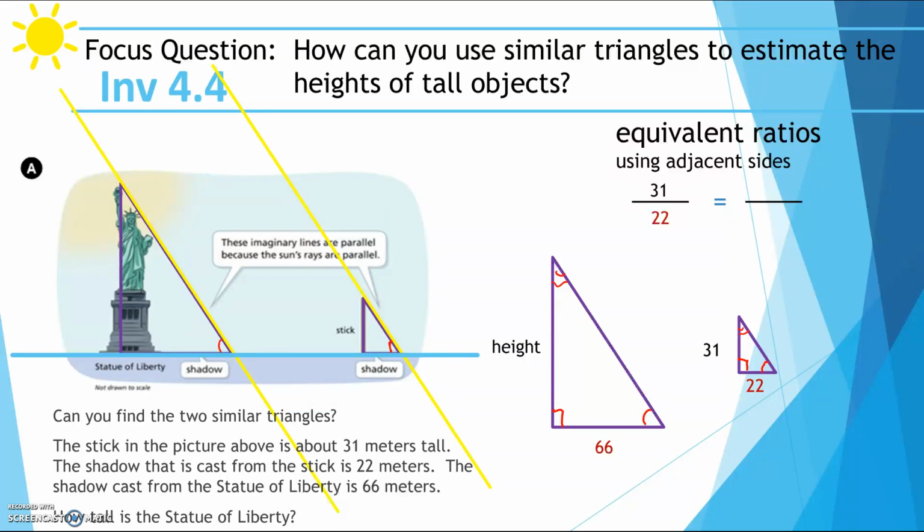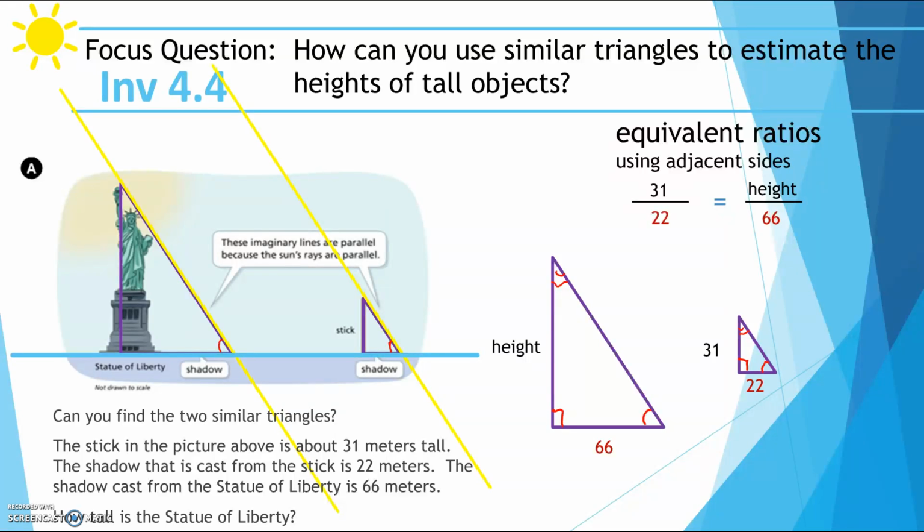I'm going to set up a second ratio using, again, the height of the larger triangle now. That will be the numerator, and compare that to the shadow cast or the base of the larger right triangle, 66. And I'm noticing here in my denominators that if I multiply 22 by 3, I can scale this fraction up so that I can have equivalent denominators.